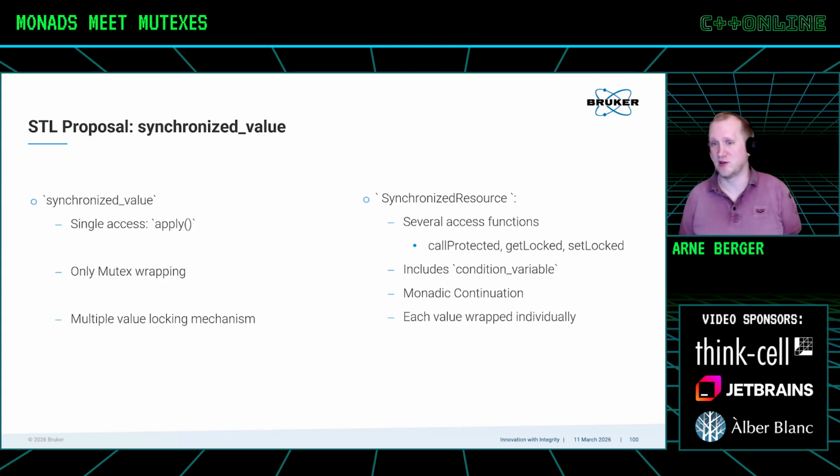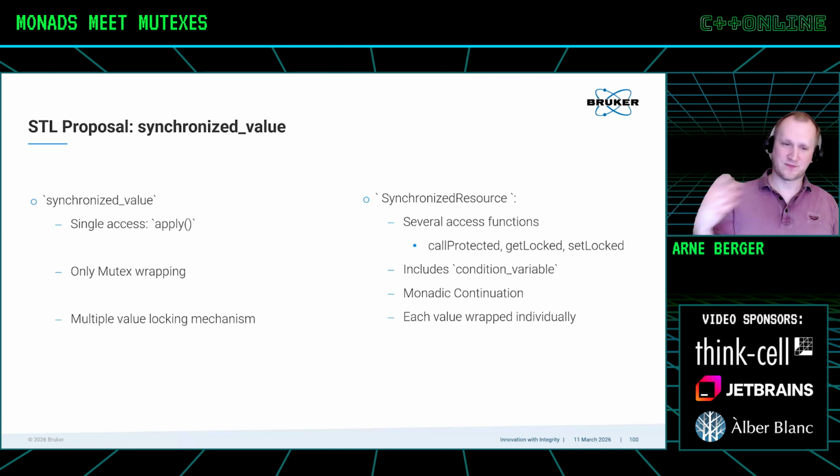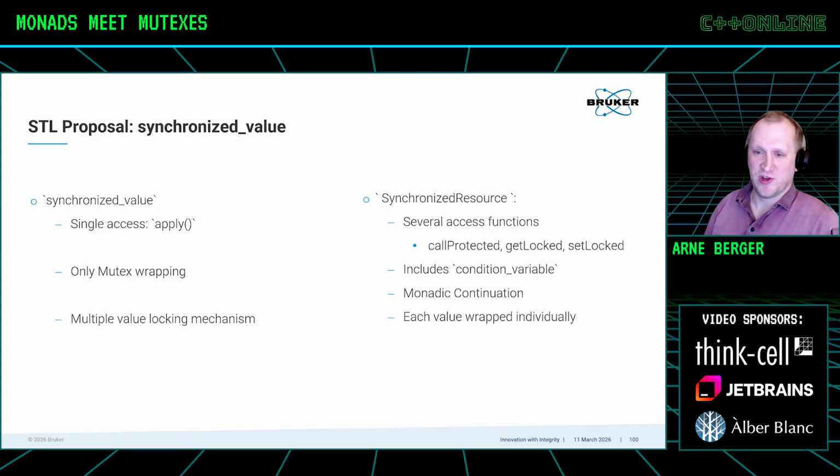So you could just get away with call protected. As I said, I was made aware of this after I was already through the basic parts of my design. When I think about it, I find the single apply quite nice. It's so simple that it makes it nice. So maybe I would even go back to just using call protected.